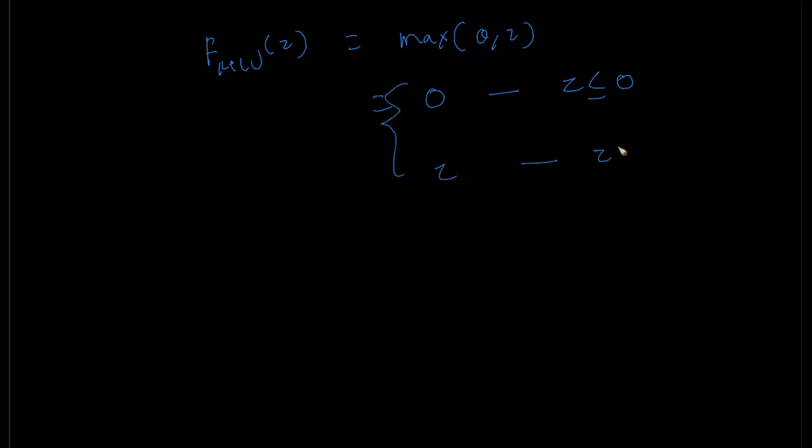What we saw in ReLU is that f ReLU of z is equal to max of 0 comma z. So it is 0 for z less than or equal to 0, and z for z greater than 0. The derivative is either 0 or 1 in the case of the main ReLU, that is, the ReLU which is not leaky ReLU.